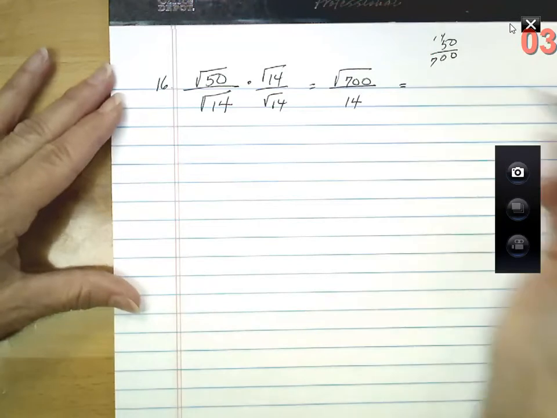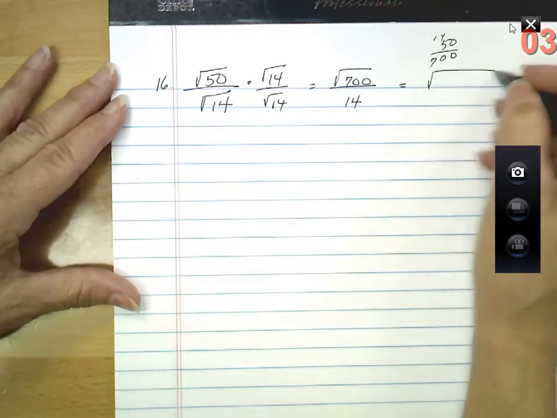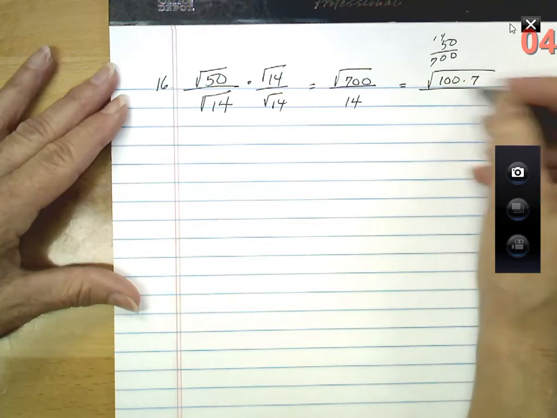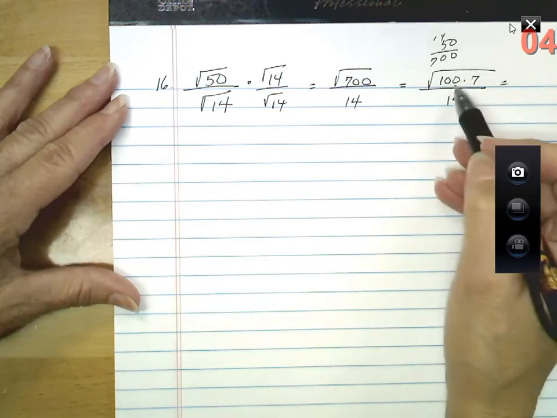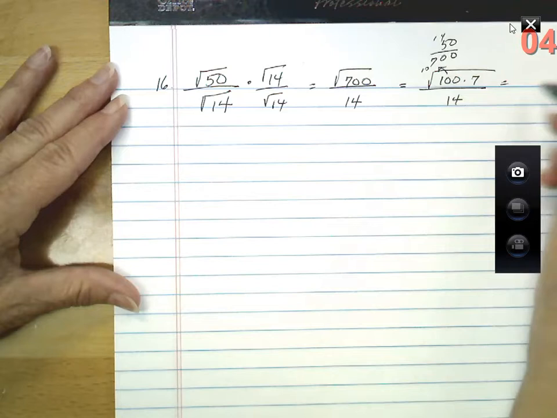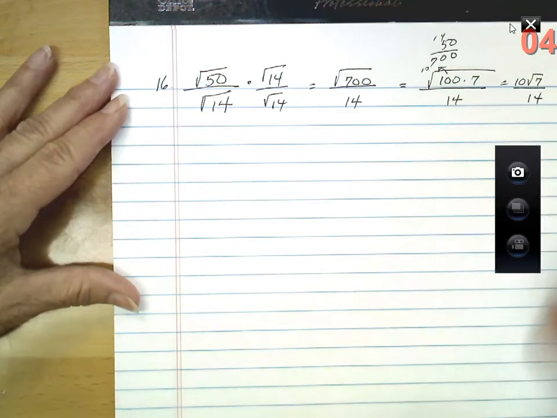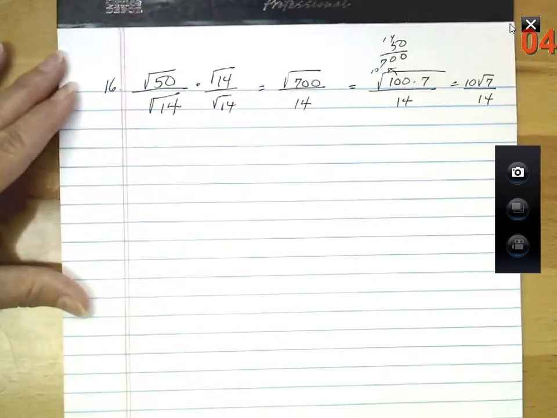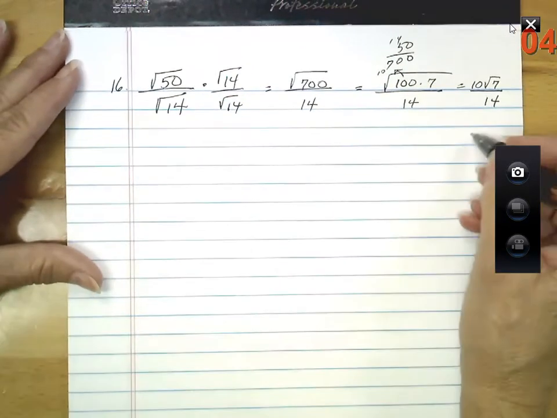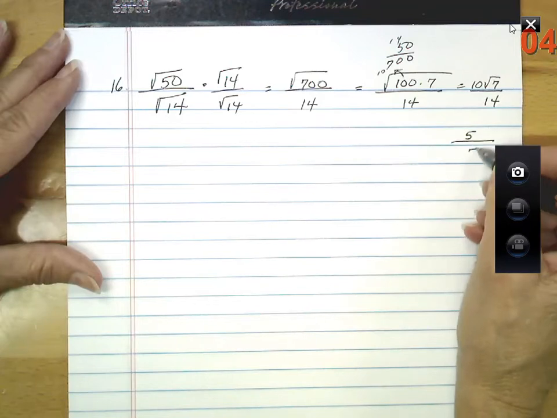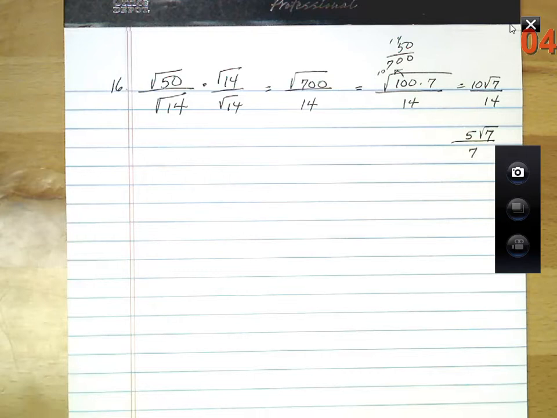Then this one is 100 times 7 over 14. So the square root of 100 is 10. So that comes out, and then you have square root of 7 over 14. Then you have to simplify 10 14ths. So 2 goes into 10 5 times, 2 goes into 14 7 times, and then you have that left. The only thing I didn't do, I got to 10 radical 7 over 14.